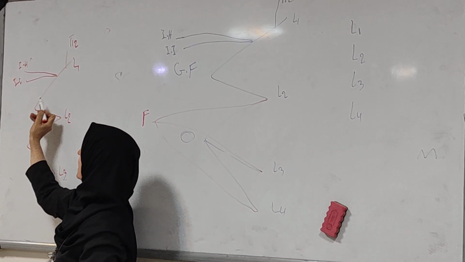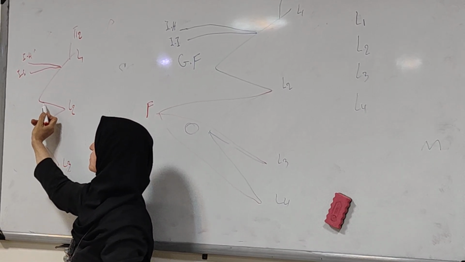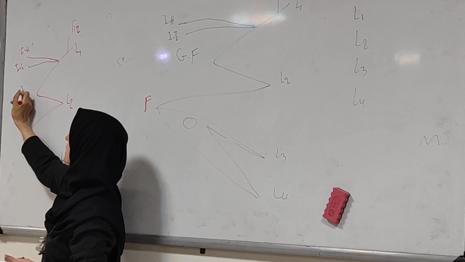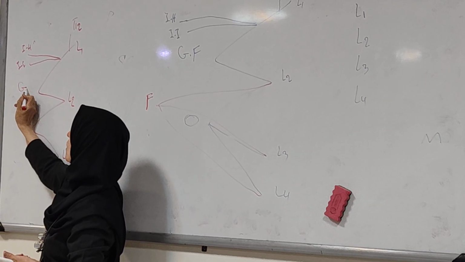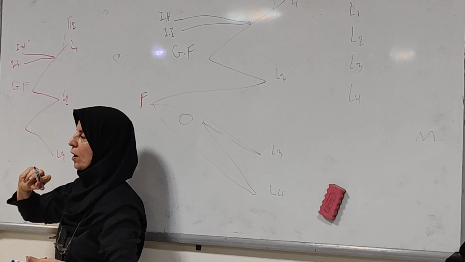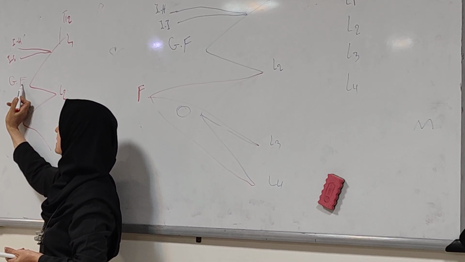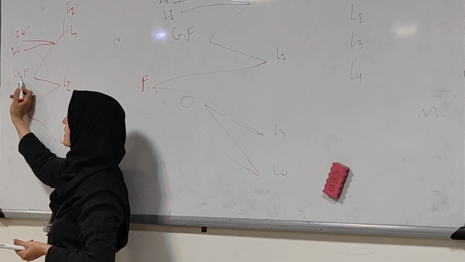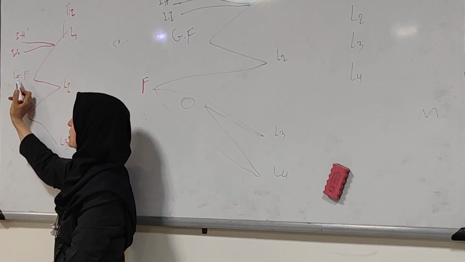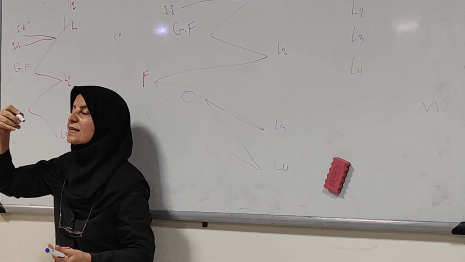Another branch from L1 and some of the branch from L2 join to each other and make a nerve that we call genitofemoral. We call it genitofemoral because very soon this nerve is going to innervate the thigh region and the external genitalia.